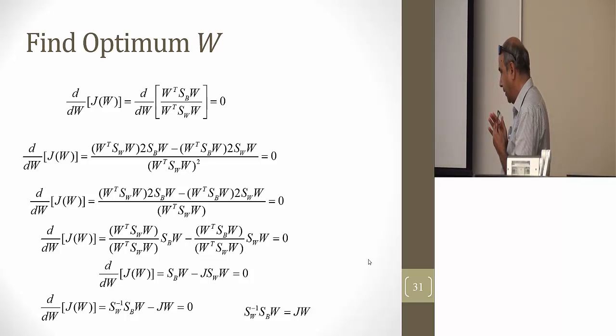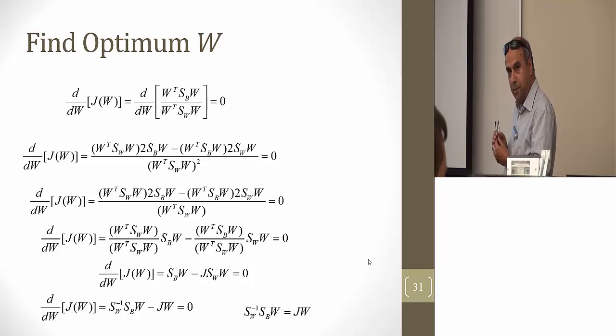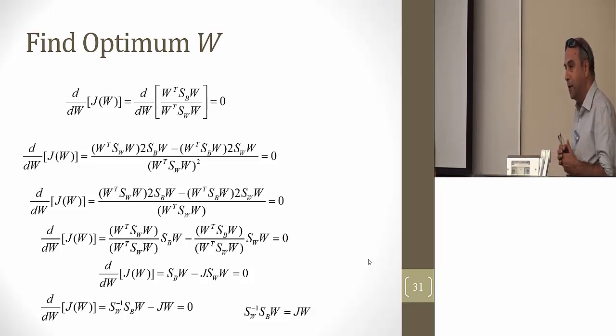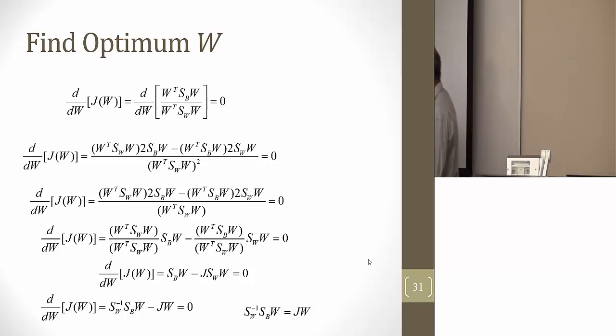Two matrices multiplied together give a matrix. W is a vector. J is a constant. W is a vector. So what does this tell you? Looking at this, what is W? Eigenvector. W is an eigenvector of this matrix. This is amazing, you know?